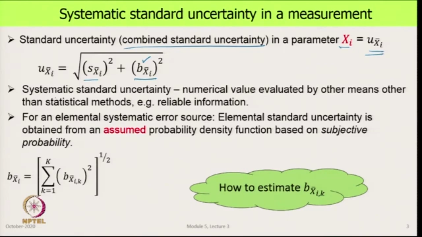Now, recall that systematic standard uncertainty, which corresponds to type B uncertainty in ISO GUM, is evaluated by means other than statistical methods.